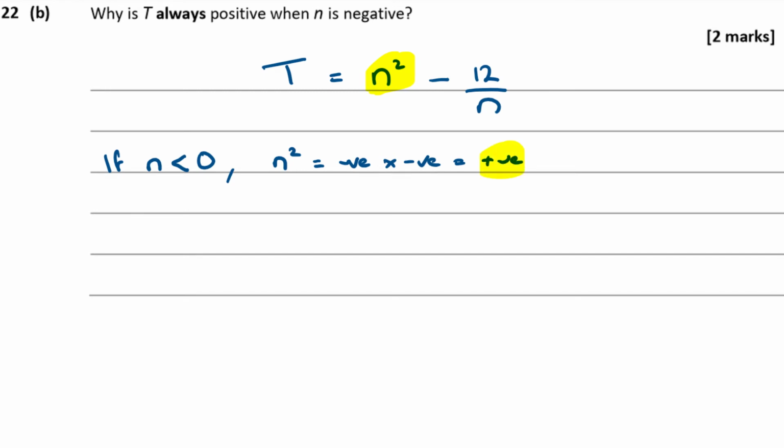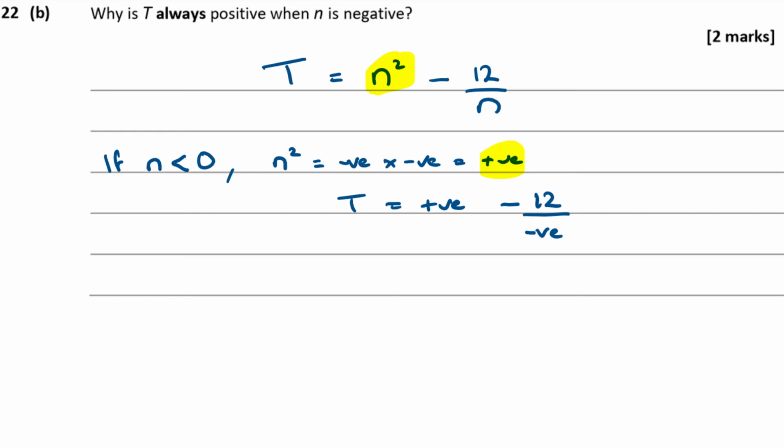Now what about the next part, minus 12 over n? If n down there is negative, then we're subtracting a negative fraction, aren't we? So t is going to be a positive value minus 12 divided by n, which is negative.